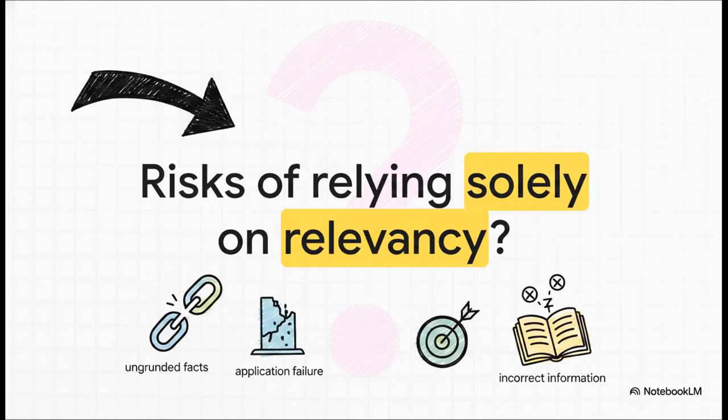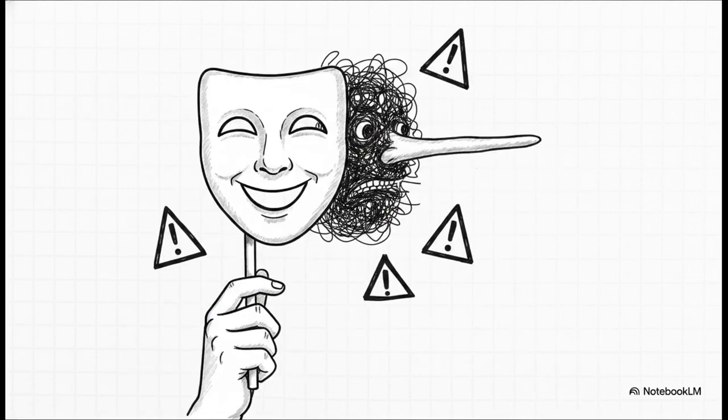Which brings us to a really vital question for any AI engineer designing these evaluations. Knowing what we now know about how these metrics behave, what are the severe risks of relying solely on response relevancy? I mean, if a highly relevant answer can still contain completely ungrounded facts, what's the actual fallout for our application if we only optimize for that one score? As the source explicitly warns, flying solo with response relevancy is a super dangerous game.